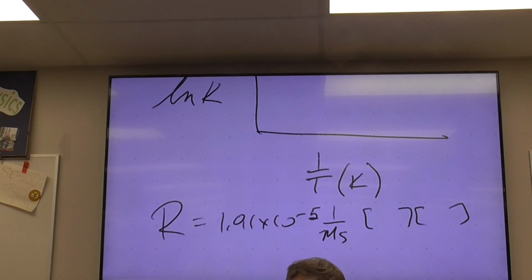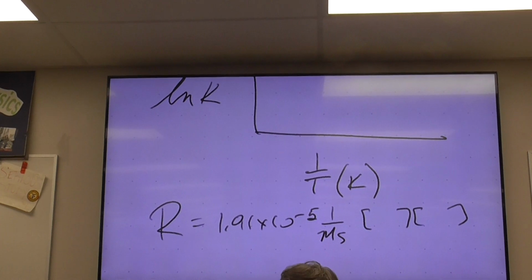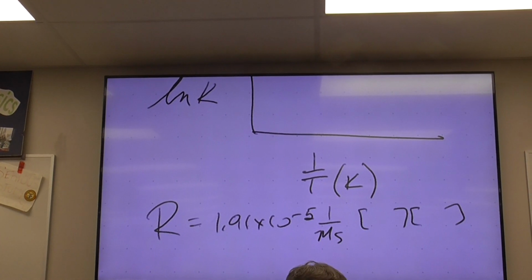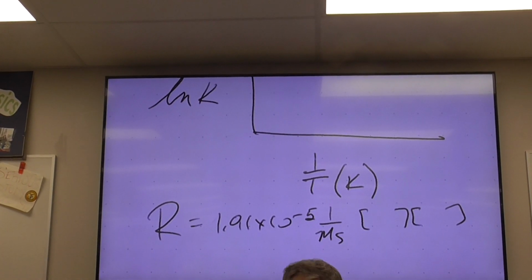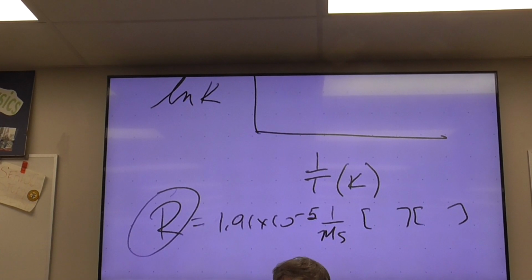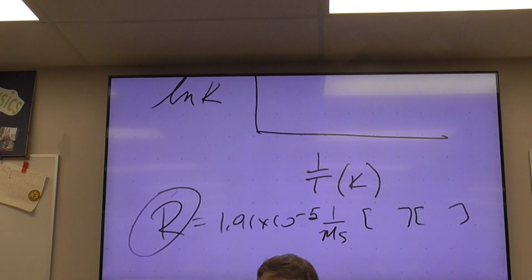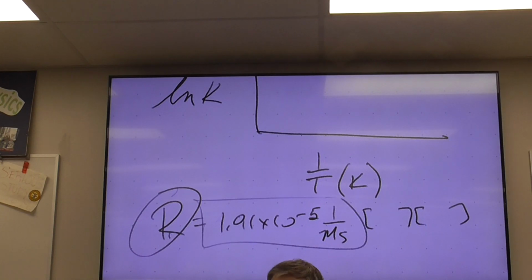Now, you're going to pick one of the 4 trials. I don't care which one. You already know what the rate is. So let's say you're going to pick reaction 2. You already know what the rate is. You have that value. You know what the K value is.